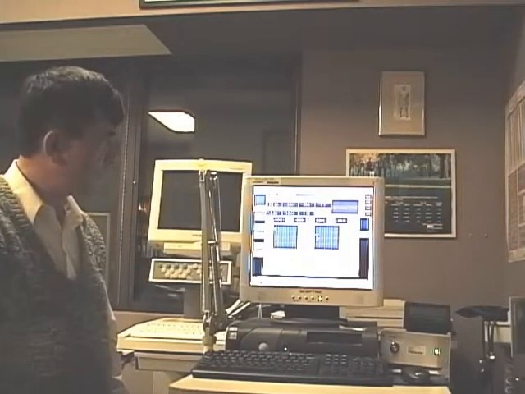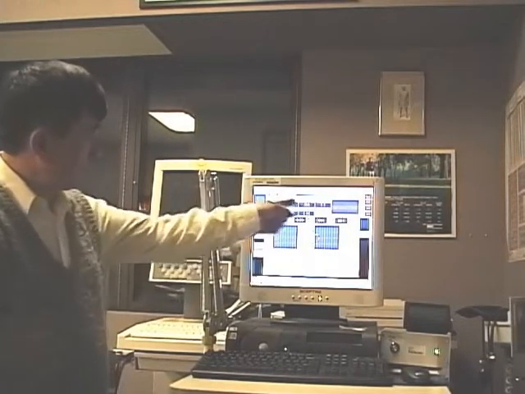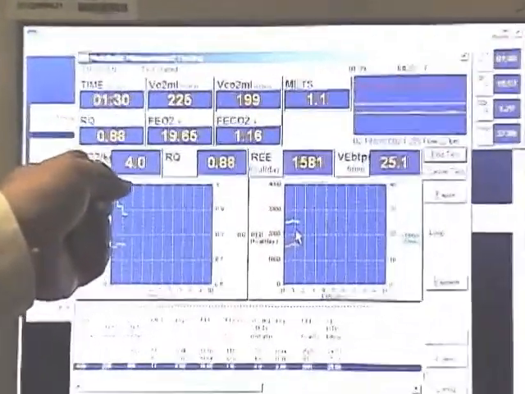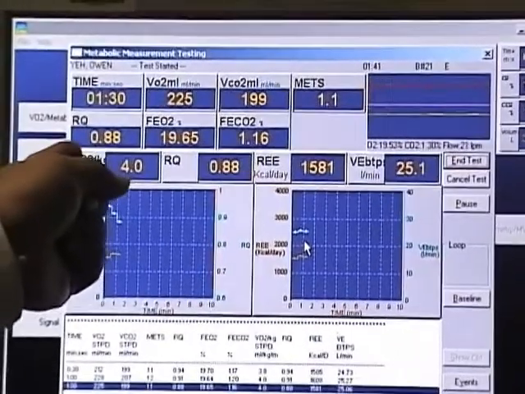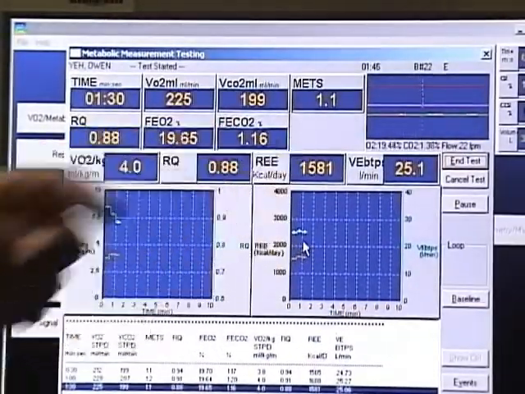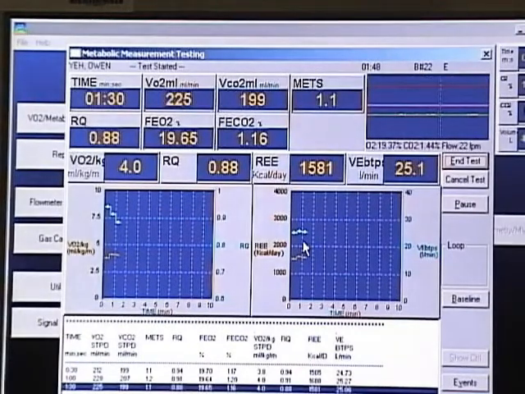So the subject now has a 1.1 mass, RQ 0.88. That means burning slightly more carbohydrate than fat. And resting energy expenditure 1581.